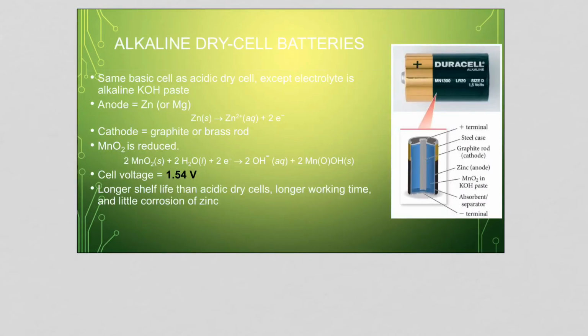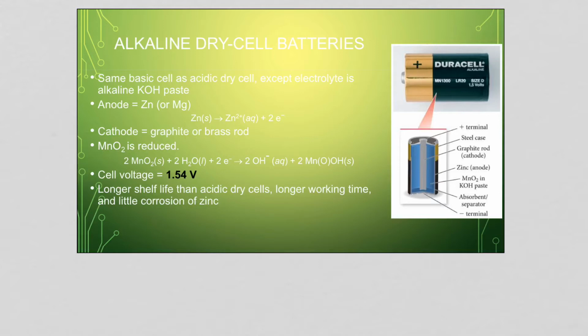Most modern batteries are what we call alkaline dry cells, which are the same basic battery. They have the same anode, a zinc anode. The one thing that's different is that they've been turned into a basic environment, or, quote, alkaline.